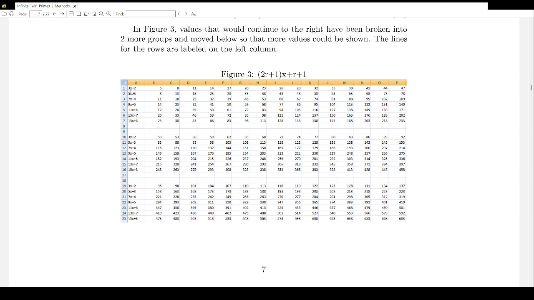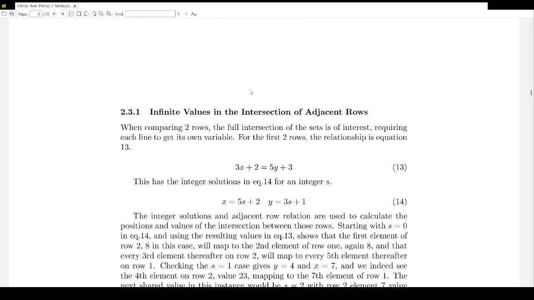We could use any x to generate all these numbers, and we could use any other x to generate all these numbers. And when we're comparing the rows, we want those 2 variables to be separate so that we can compare both sets completely. So that's why I added a y instead of x. We need them to be separate.